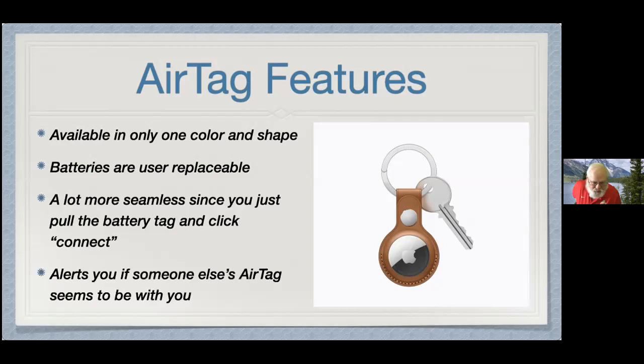If someone else's AirTag, let's say somebody sneaks up and drops an AirTag in your purse so they can track you. Well, for a little while, it'll say, okay, this AirTag is here. And very soon it will say, hey, this AirTag is with you, but you don't have it registered to yourself.